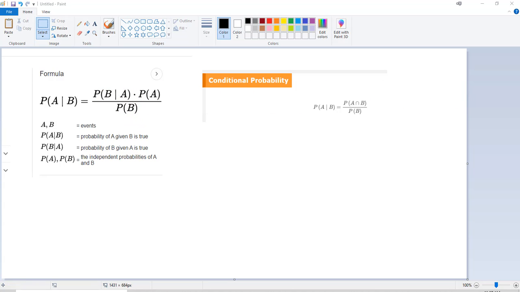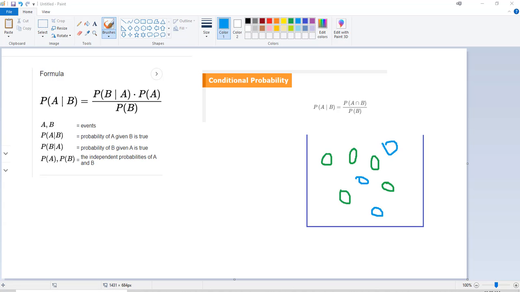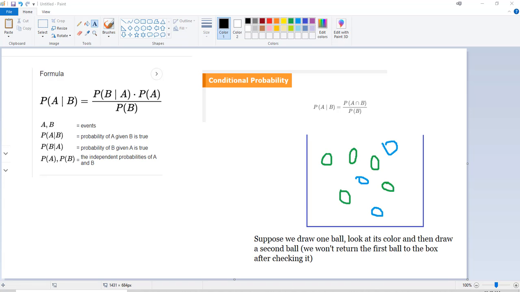So an example of that might be this. Suppose we have a box with 5 green and 3 blue balls. Suppose we draw one ball, look at its color, and then we draw a second ball. And we're not going to return the first ball to the box after we check it.